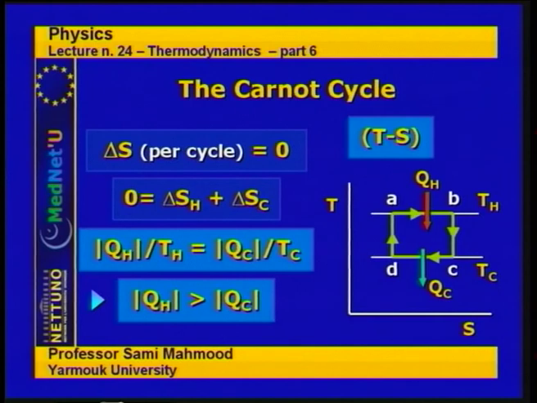The entropy of the working substance increases as shown on the figure, and then the working substance goes from a state B at temperature T sub H down to a state C at temperature T sub C, and this process is an adiabatic process during which Q is equal to 0, and thus delta S is equal to 0 because it's an adiabatic process.